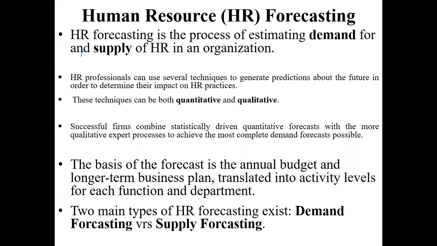But before I come to the two main types, HR forecasting can be conducted using either a qualitative technique or a quantitative technique. The projection into the future to foresee some of the likely human resources that the company can have in terms of their quality and quantity can be conducted through a qualitative means or a quantitative means.